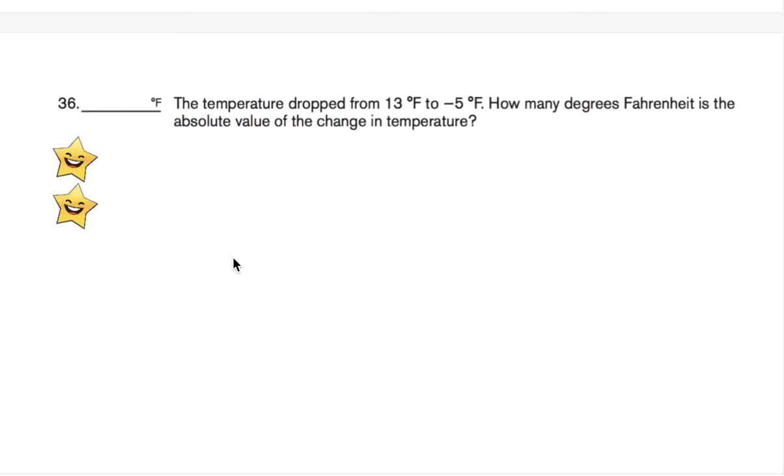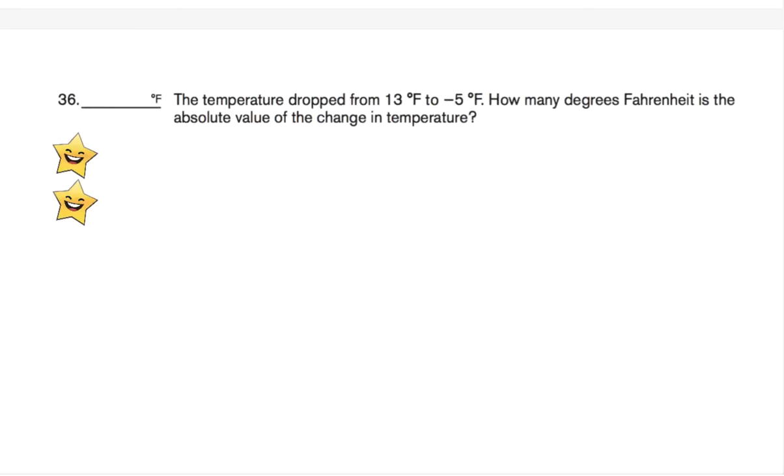Number 36. The temperature dropped from 13 degrees Fahrenheit to negative 5 degrees Fahrenheit. How many degrees Fahrenheit is the absolute value of the change in temperature? Absolute value means they don't care if it's positive or negative, just how much distance did it travel? And that would be 18 degrees, because it started at positive 13.